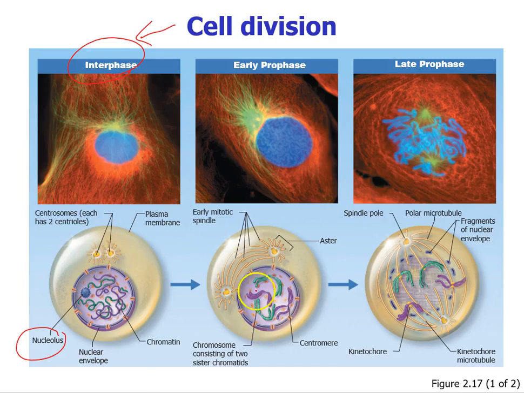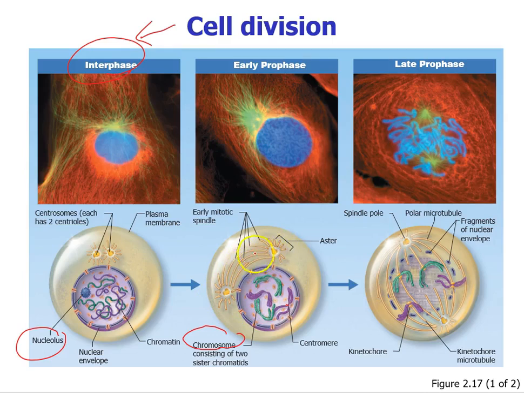And then for the early prophase, as you can see, the chromatin has been condensed, and now we have chromosome. Each consists of two sister chromatids held together by the centromere. Still you can see the nuclear envelope, but the nucleolus has been gone. And then you can see how these centrioles are moving away from each other.